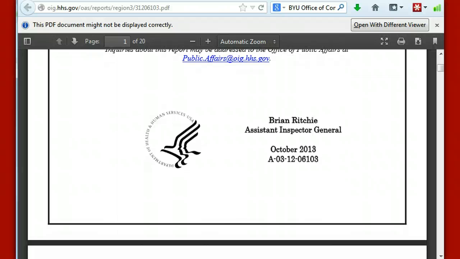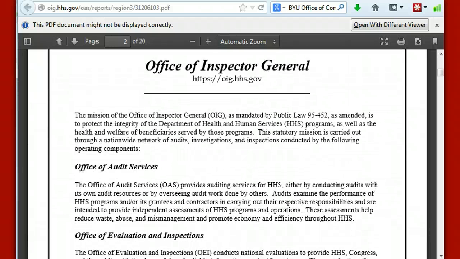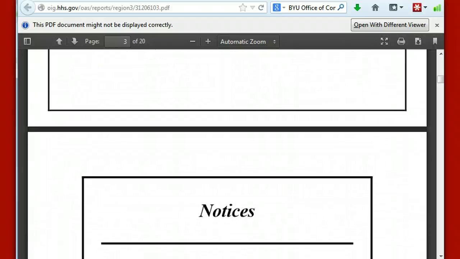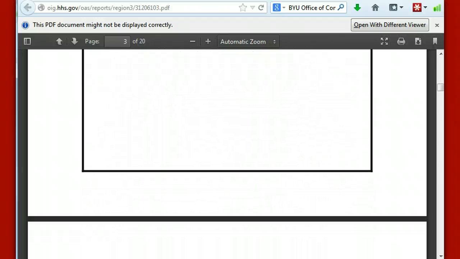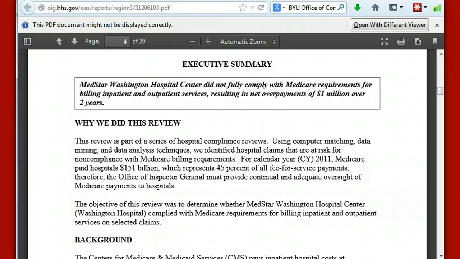Again, this was done by an assistant IG, and this was the number of the audit. The typical information, and then we're going to get down to what happened. This was part of a hospital compliance review, a part of a series. They did data mining, and they were able to find that this hospital was overpaid.